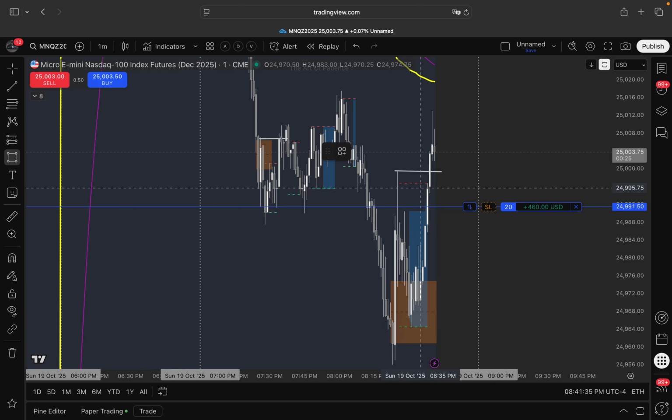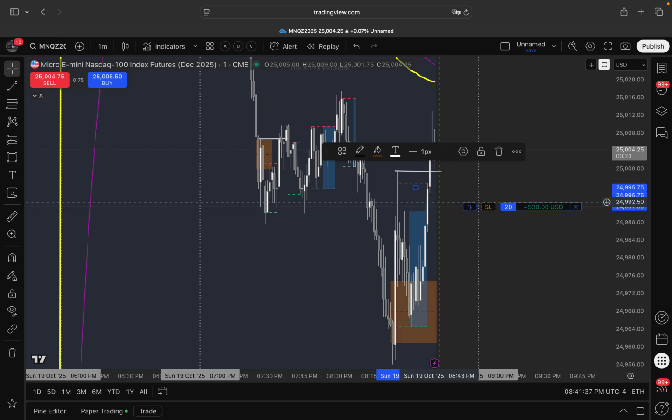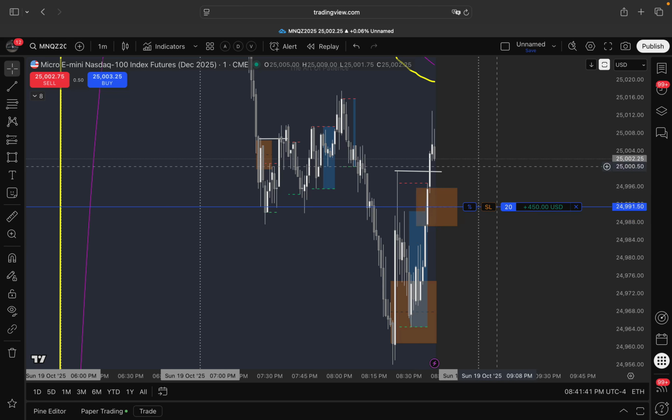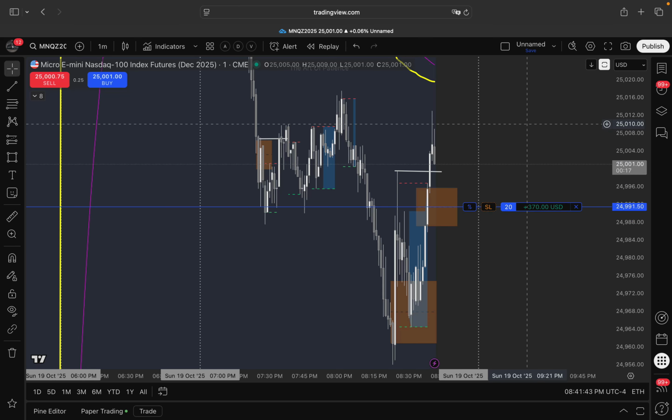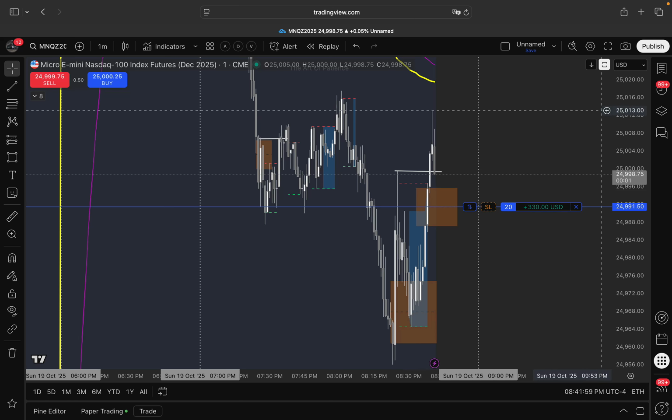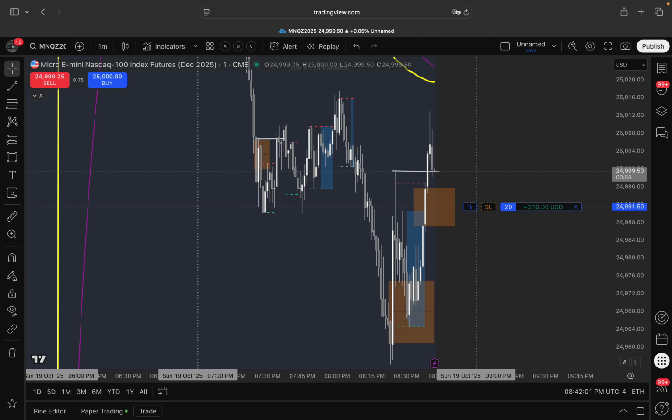Potential reversal if price leaves one of these gaps open, that only confirms an aggressive move higher. But if it retraces into it, then it's going to be a little bit more of a high resistance trade.